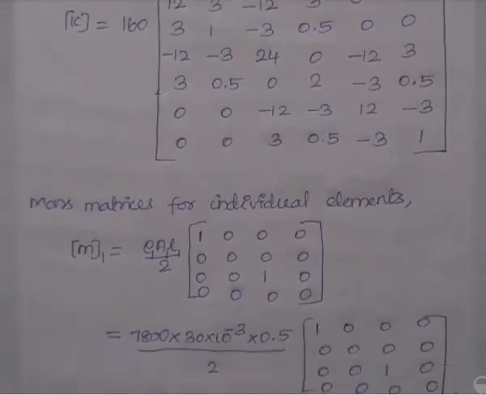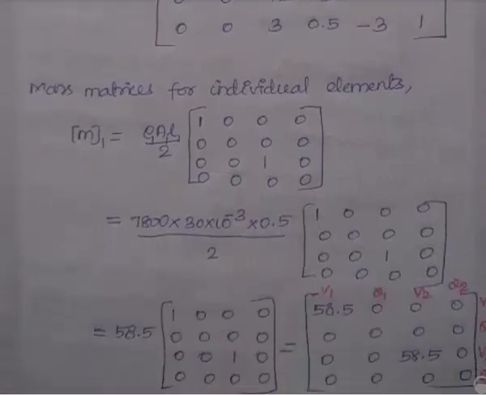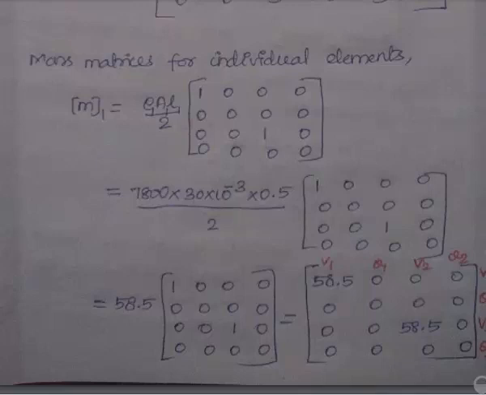By substituting the values of mass density, cross-sectional area and length for the first element, we arrive at this simplified mass matrix: 58.5, 0, 0, 0 and so on, then the third row 58.5, and the last row has all values 0. This matrix corresponds to the first element connecting nodal points 1 and 2, so we have marked the element numbering.